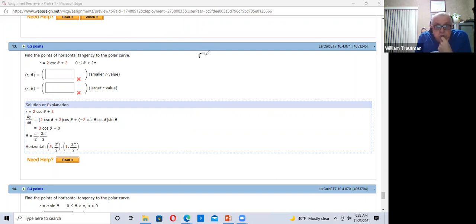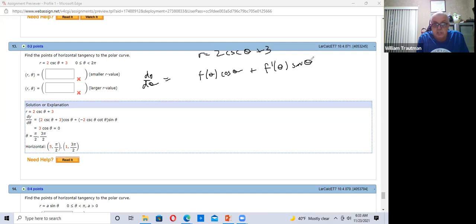So here's our R, and I'm looking at my formula for dy. dy d theta equals f theta cosine theta plus f prime theta sine theta.